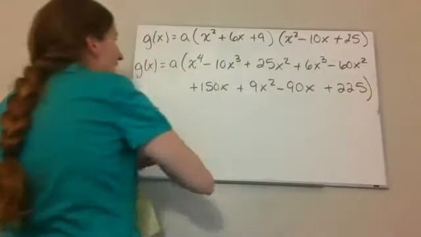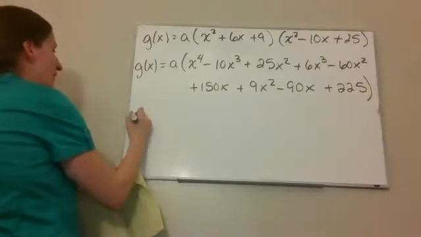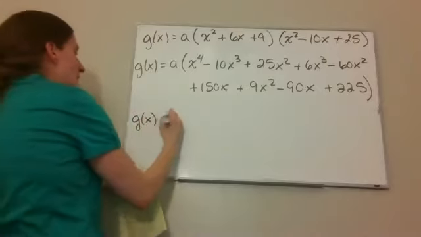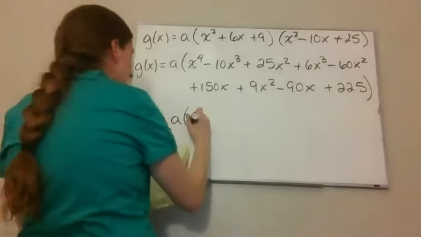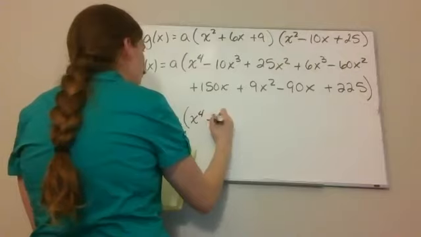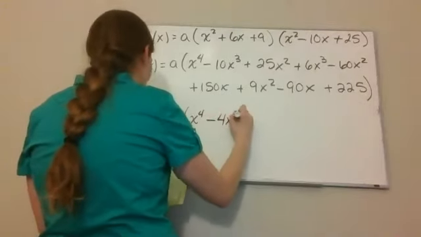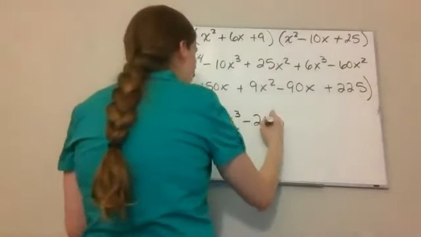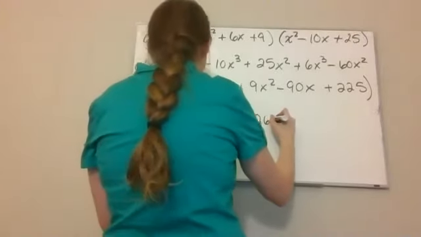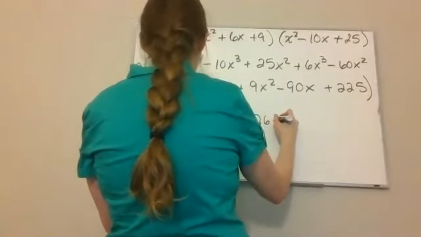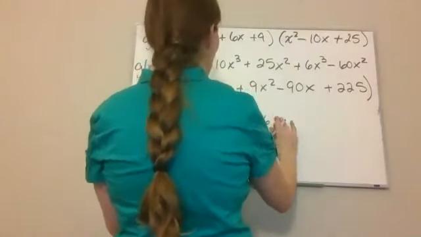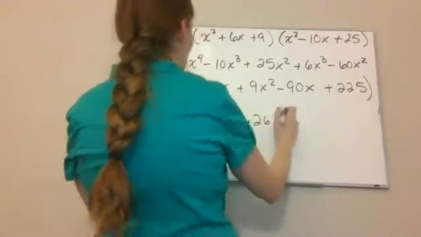So when I combine my like terms inside of those parentheses, we have our a times x to the 4th minus 4x to the 3rd minus 26x squared. Is that right? Yes.